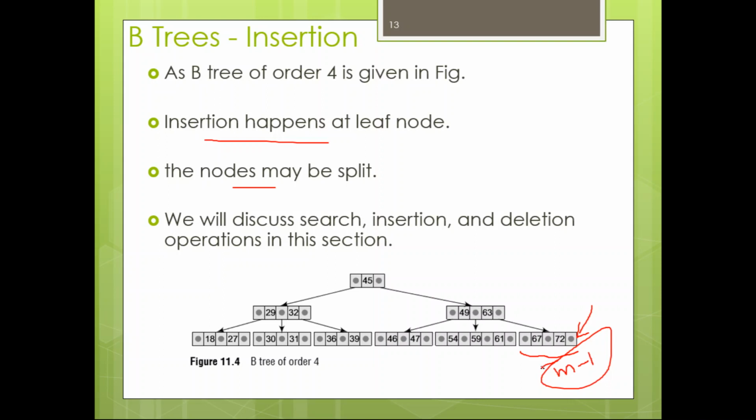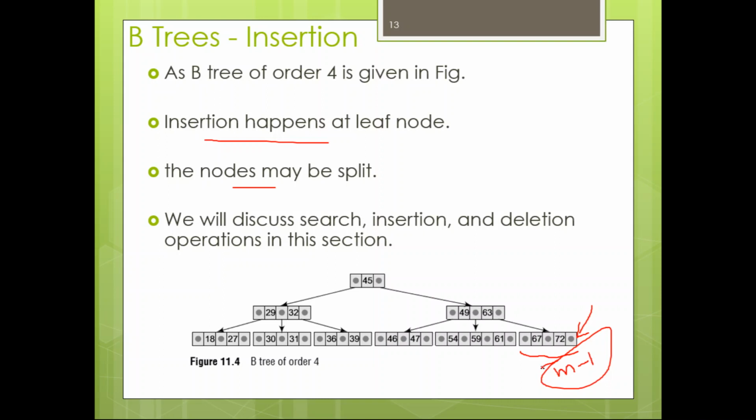If that is not the case, then you include that value, sort it, identify the median and push the median to the parent. Again in the parent you have to check the same process, whether the parent is able to accommodate it or not.